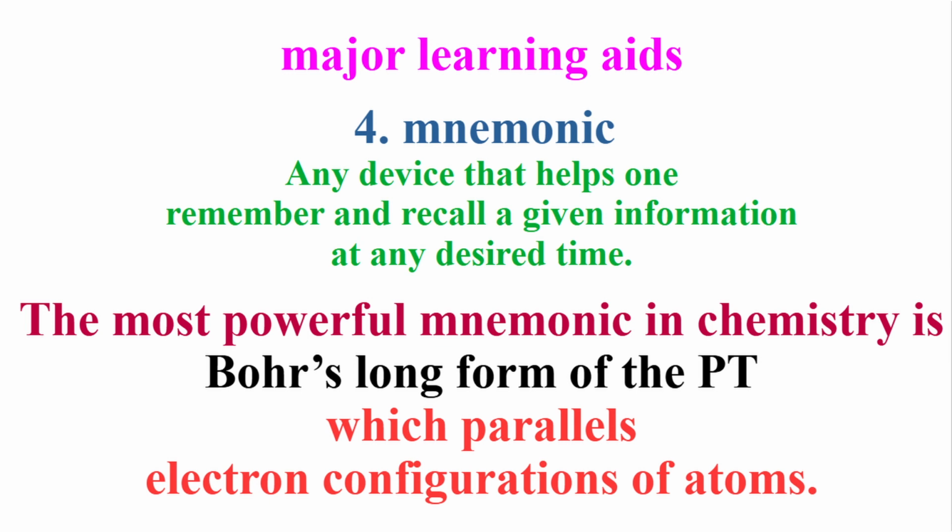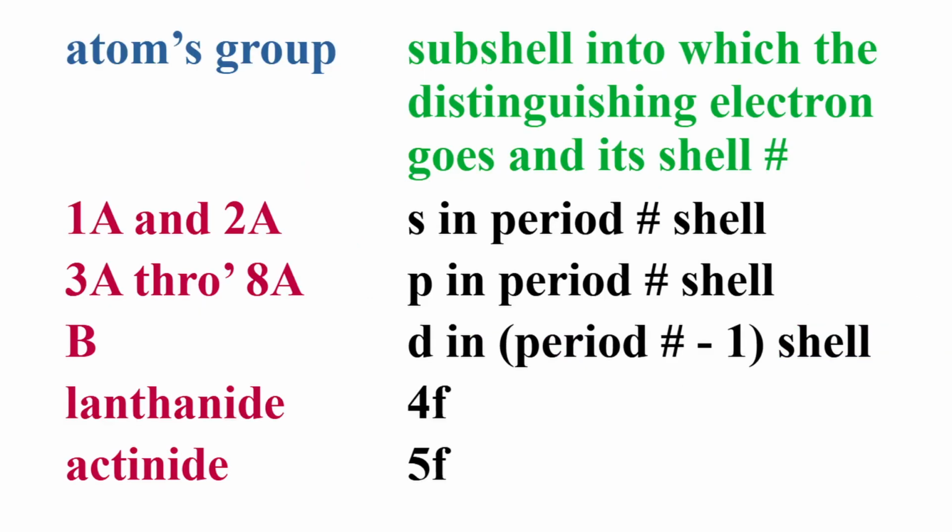He modified Mendeleev's short form to the long form in order for it to parallel the electron configurations of atoms. Therefore, by applying the logic in the reverse direction, one can effectively and efficiently use the periodic table as a mnemonic for recalling electron configurations correctly.